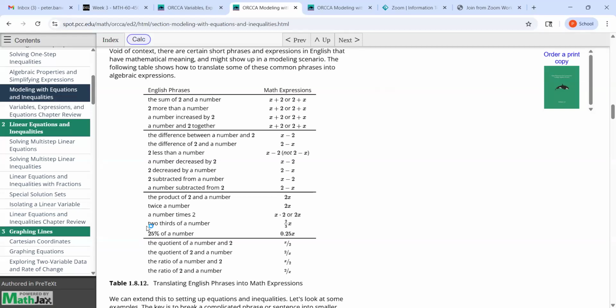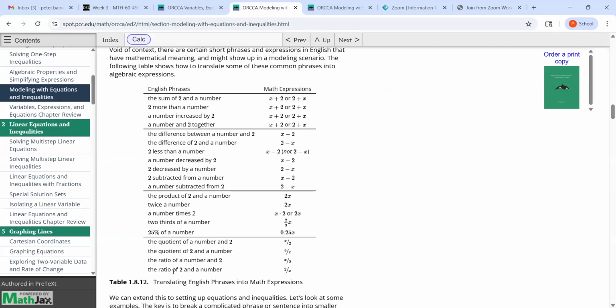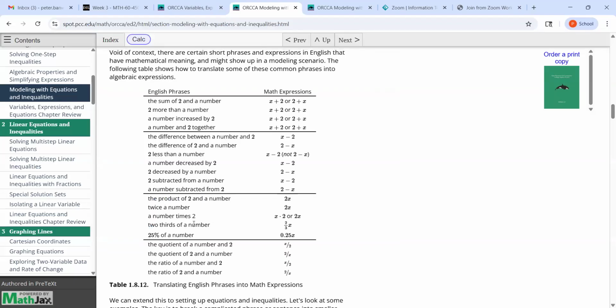I'm probably not going to say 2/3 of a number. I certainly wouldn't usually say the product of 2 and a number. I'm just going to say 2 times a number, right? But there are a lot of different ways to write it. And so here are some of the different ways you might see, at least in this class, maybe in some other classes, although probably you won't see it very often when you're actually modeling with mathematics.